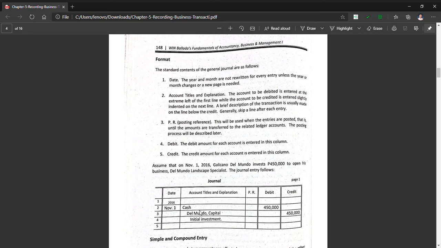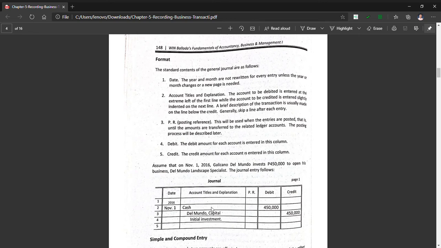Number 3, posting reference. This is used when the entries are posted. That is until the amounts are transferred to the related ledger account. Okay, so kung pinost na natin kasi ang mga journal entries, merong specific account number. For every account, meron kasi siyang account number sa ledger.